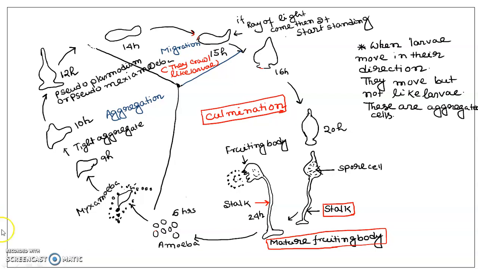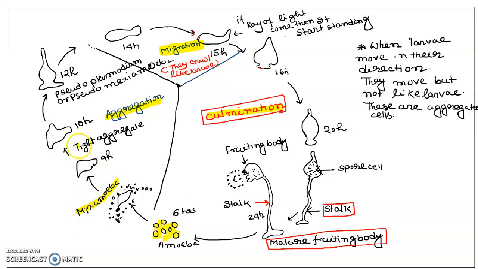In the life cycle of Dictyostelium discoideum, three phases are there: the culmination phase, the aggregation phase, and the migration phase. When there is plenty of food supply, they are free living. Then, when starvation occurs, they aggregate.